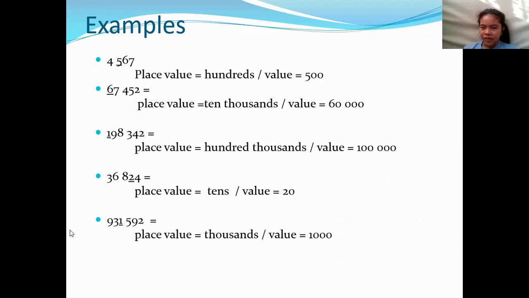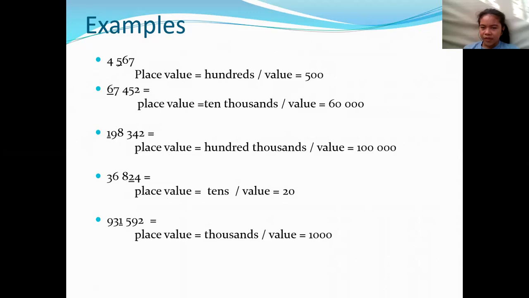Next, 198,342. So ones, tens, hundreds, thousands, 10,000, 100,000. So the place value of 1 is 100,000, and the value, since it is in the hundred thousands place, is 100,000. Next, we have 36,824.